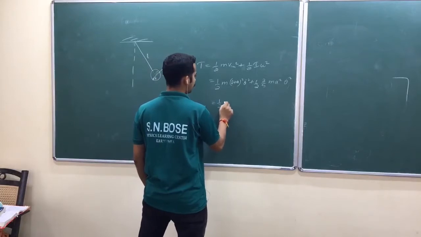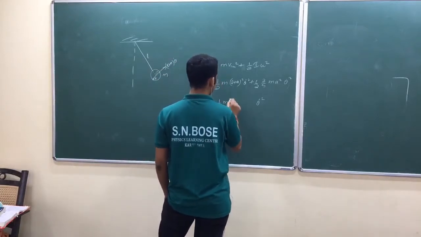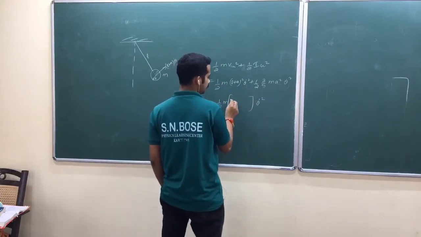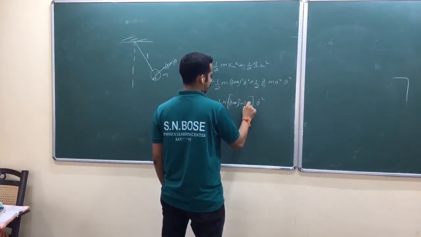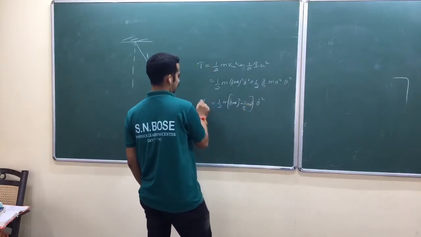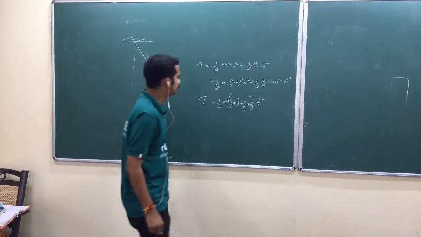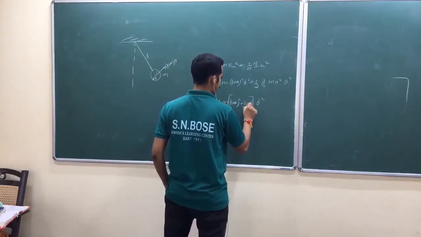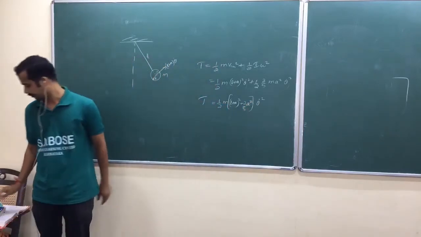I can take half theta dot squared outside, and take m inside.